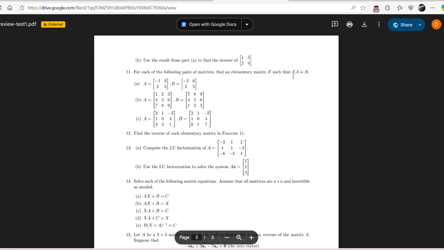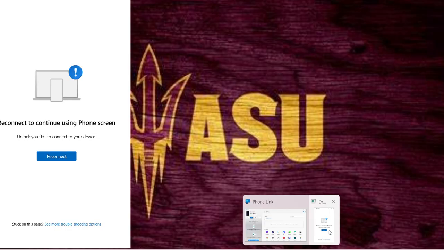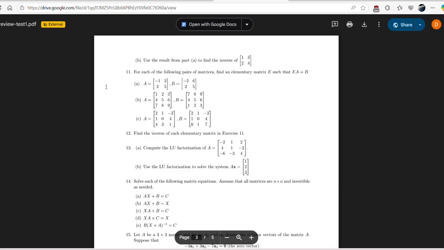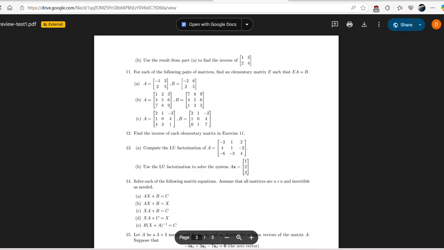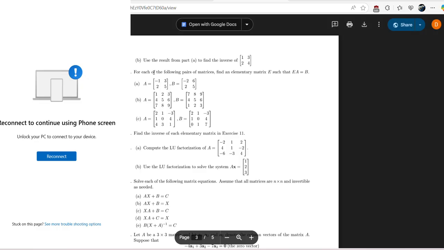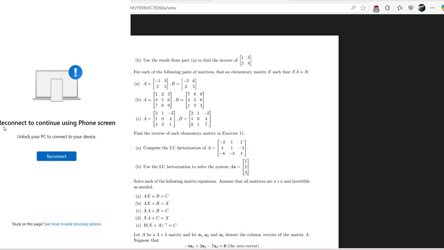So A is made up of L and U, right? So LUX. So we know in this case we can use UX as a replacement for Y, right? We use Y, and then we're just left with LY equals 1, 2, 3.